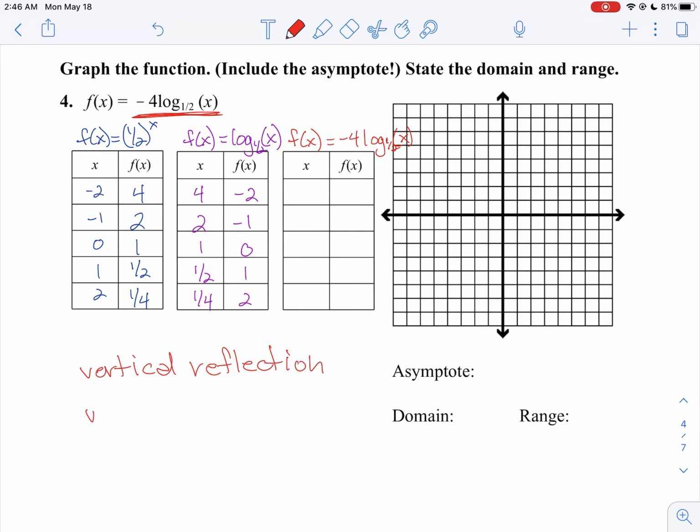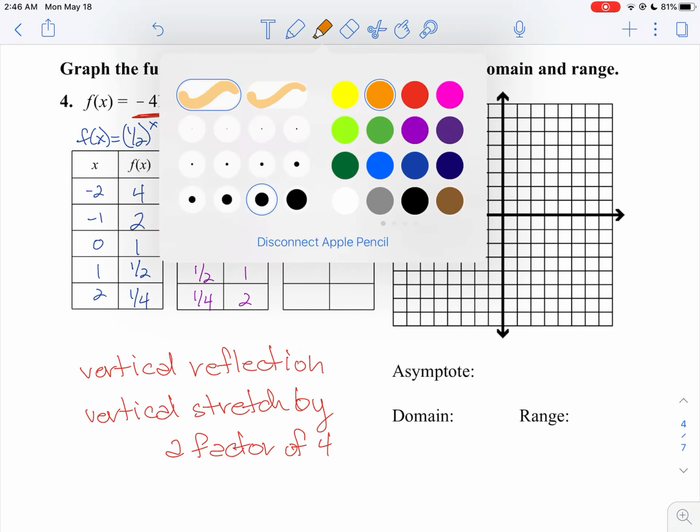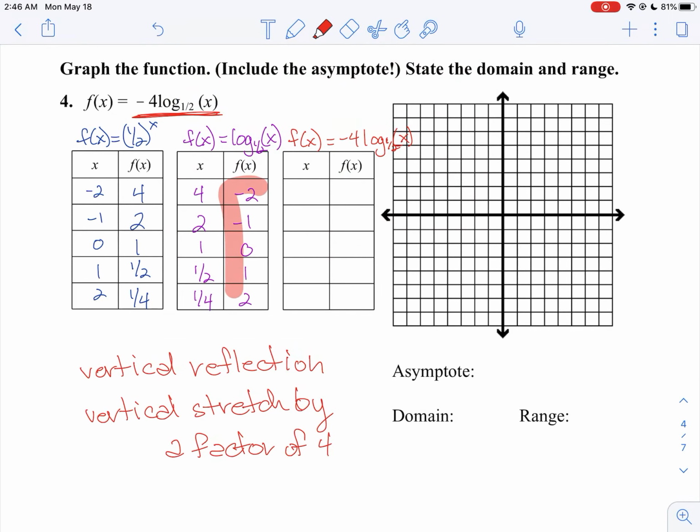And the 4 is going to be a vertical stretch by a factor of 4. So we can deal with both of those at the same time if we take our y values and do what it says it's going to do. Because it's outside, it really does multiply by -4. So I'm going to take those y values and I am going to multiply them by -4.